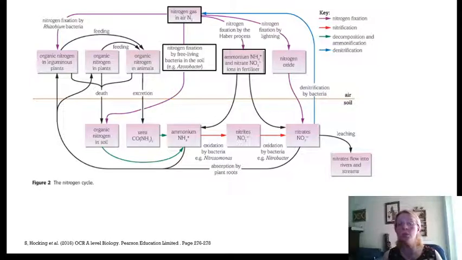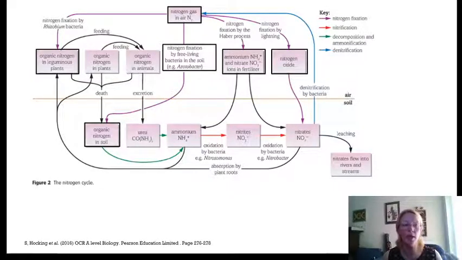It could be by the azotobacteria, that free living bacteria in the soil, which will then put organic nitrogen into the soil. It could be through lightning, creating nitrogen oxide, or it could be via the rhizobium that are in those leguminous plants. So those are the various ways in which we can have nitrogen in the air converted to usable forms.